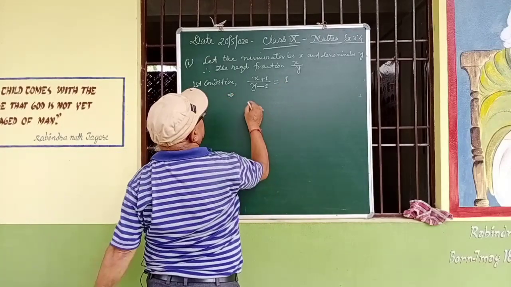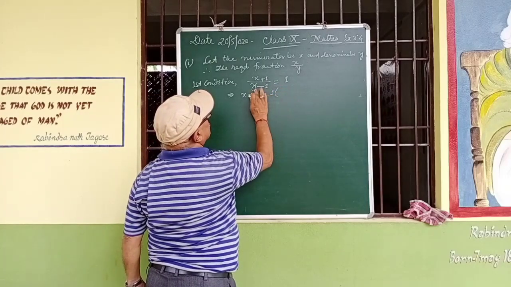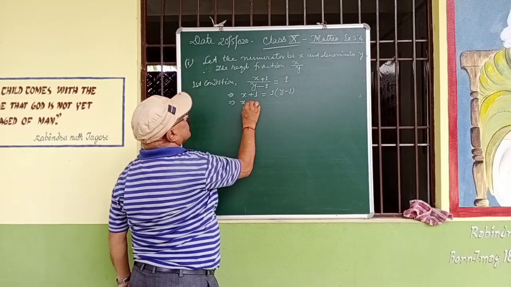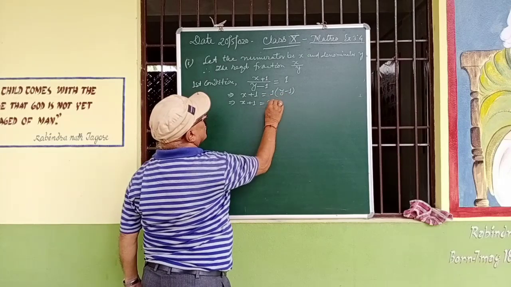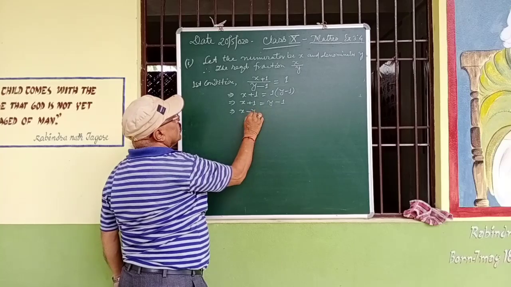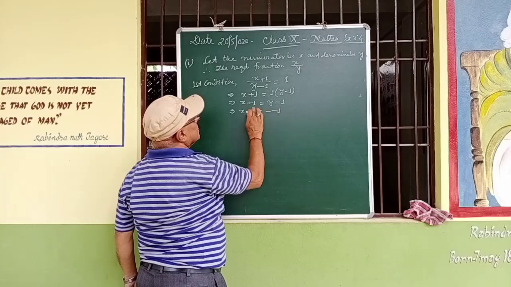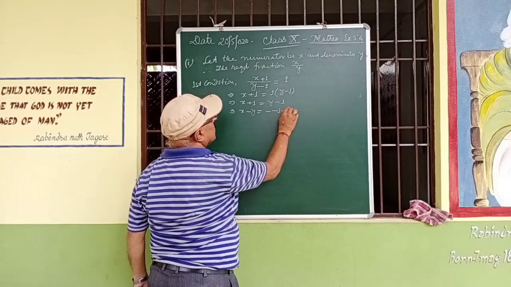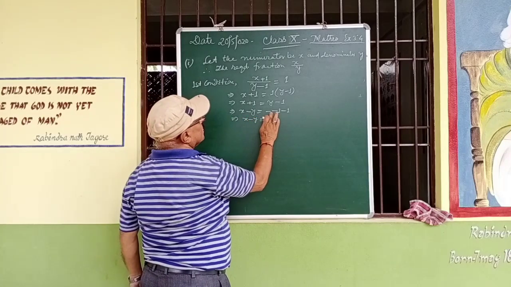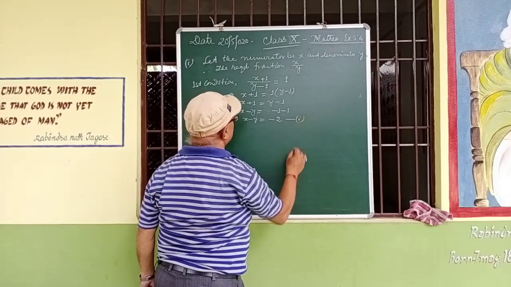Now we solve it. x plus 1 is equal to 1 into y minus 1, or x minus y, you take y that side, it will be minus y, and minus 1, you take this 1 that side, it will be minus 1, or x minus y is equal to minus 2. It is equation 1.